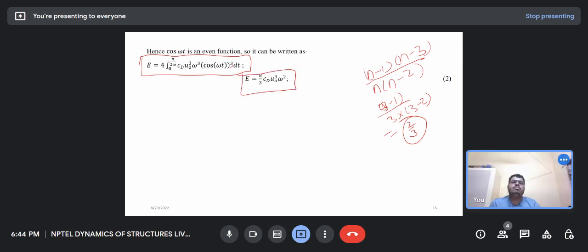Now if I compare both the energies, the viscous damping energy and the energy due to the drag force, so this is my equation. So from here I can find out the value of my viscous damping C. You have given the CD, you have given the u naught as 20, and you have given the omega also.